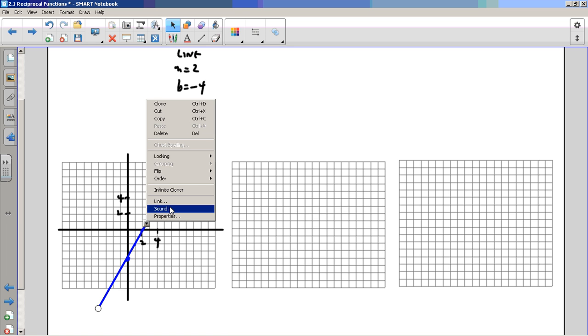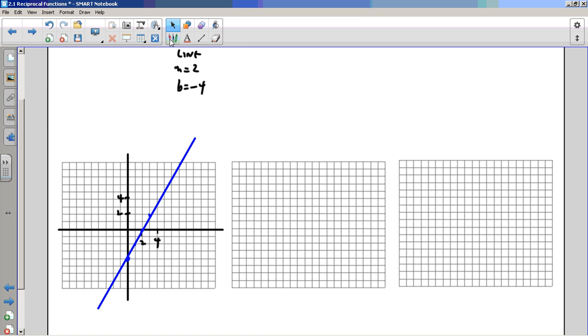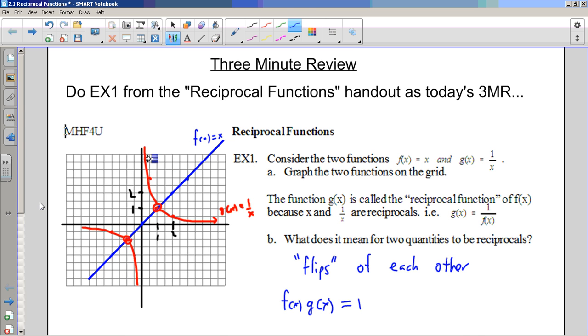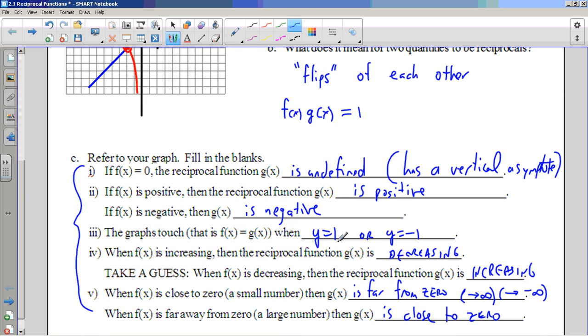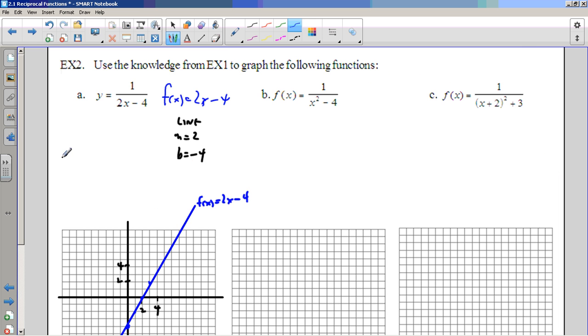Well, how does that help me? Just hang on. What I'm going to do is go through these procedures and think about what the red one, which is the reciprocal, must look like. So what's it going to look like?